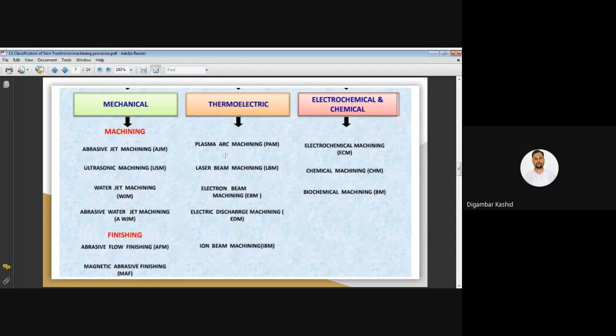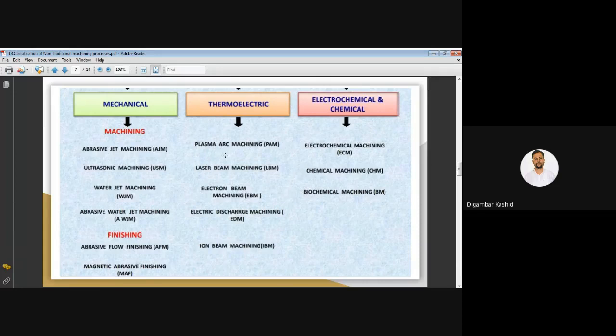In some cases MRR is very good, but surface finish may not be good. So performance of some processes is not good while machining materials like aluminum having high thermal conductivity. Also, these machining processes have some distinct characteristics, or we can call them features, so we are going to see them one by one.